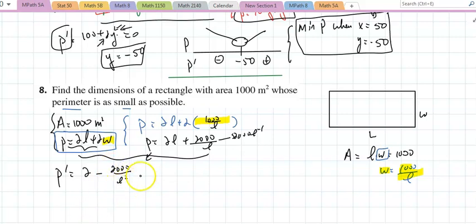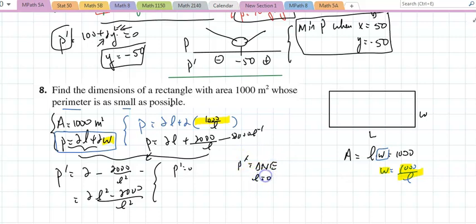If I set that equal to 0, that says actually two things. Let me combine those. Out of this, where does P prime equal 0? Where does P prime not exist? Well, it doesn't exist when the length is 0.